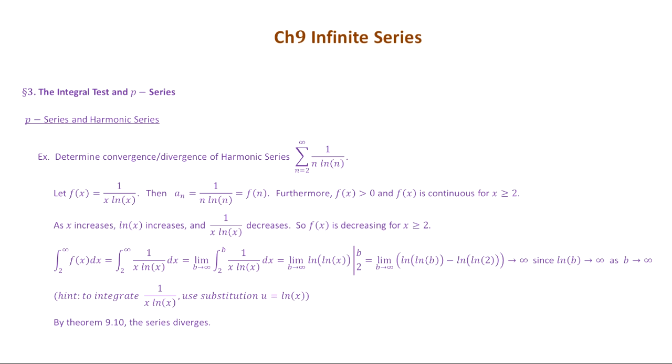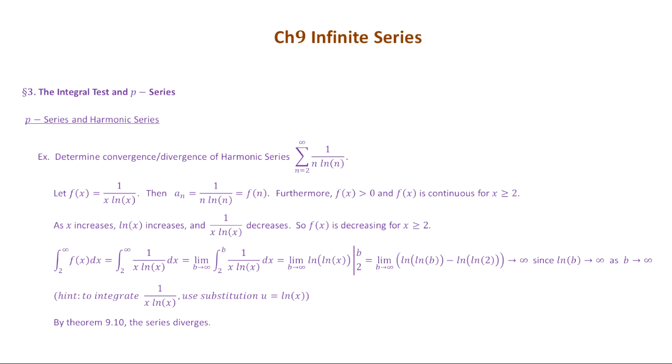So f of x is decreasing for x greater than or equal to 2, no problem. So all the conditions for the integral test are satisfied. So now we can use the integral test by taking the integral of this function from 2 to infinity. We don't do it from 1 to infinity because n started from 2, so x starts from 2. So you integrate from 2 to infinity.